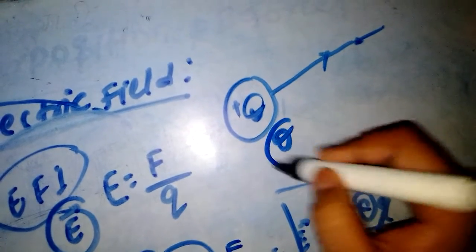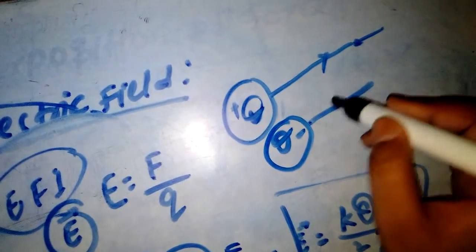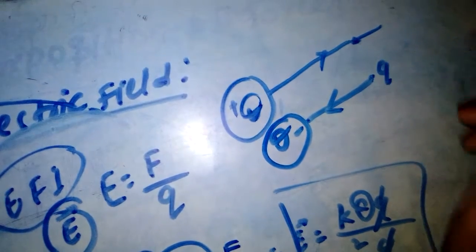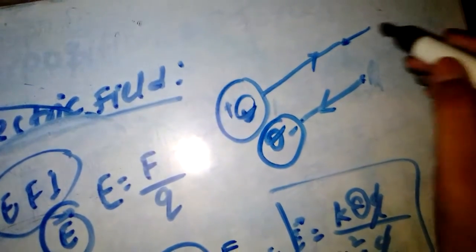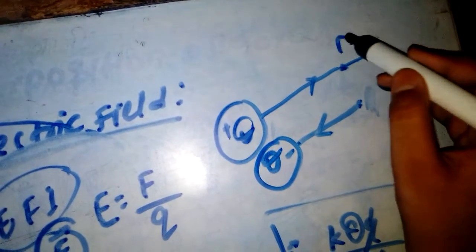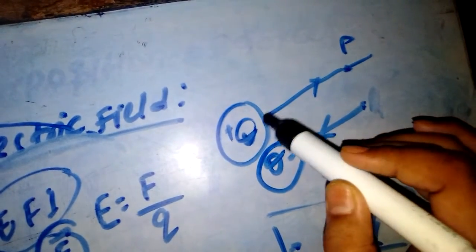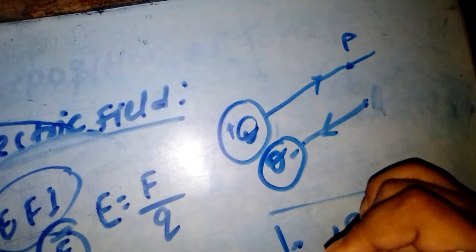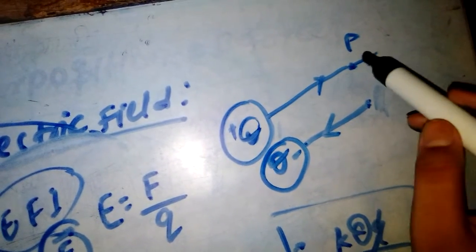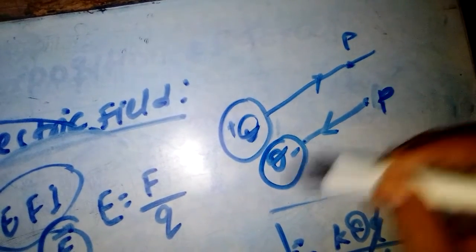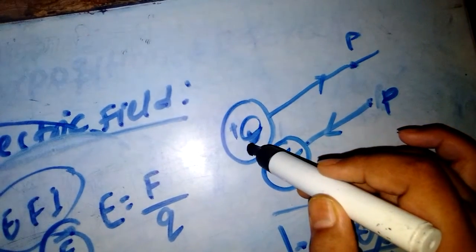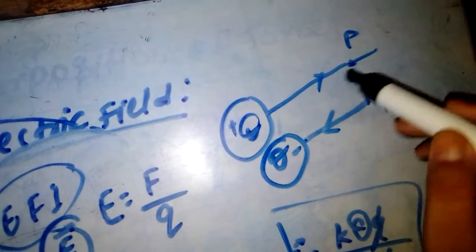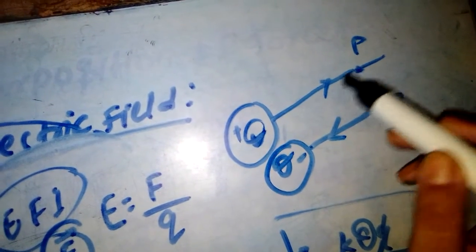And if it is negative, then it will be always along the line as well. Suppose we have to calculate the electric field at this point P. If the source charge is positive, then it will always be along the line.